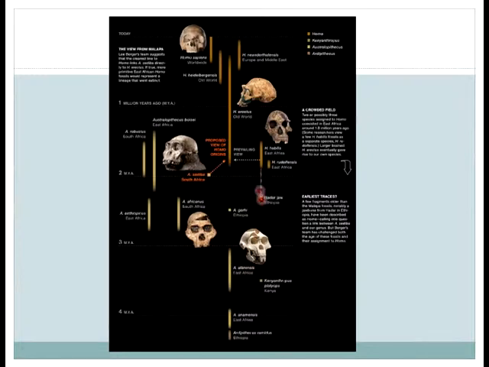Okay, but because we have that gap, we don't have evidence for that, but we can assume that Homo habilis existed in this gap period. And we have Homo habilis fossils all the way up to about 1.5 million years ago. Now, Homo habilis only falls in this range. We don't have any up here closer to our own time period. We don't find any back here prior to afarensis.